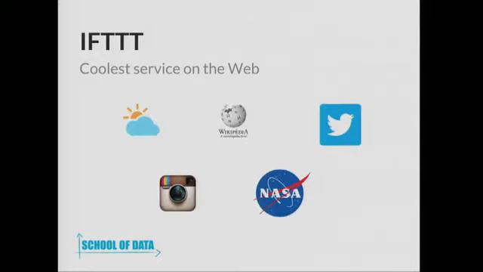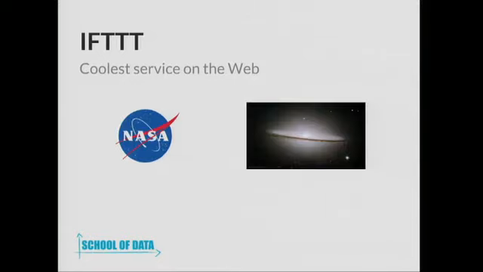So you can look for channels. There are Twitter channels, NASA channels, Wikipedia channels, the weather channel. There are many, many channels, and we'll see it. I'll show you. You can do a lot of fun stuff like this. The NASA channel releases the astronomy picture of the day.